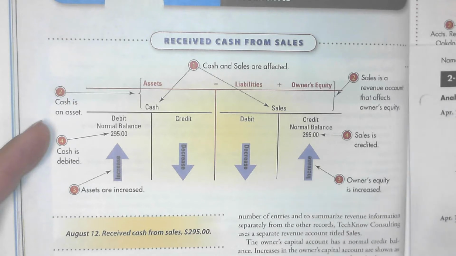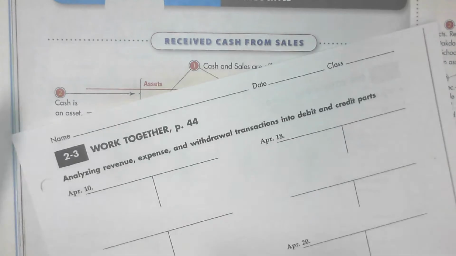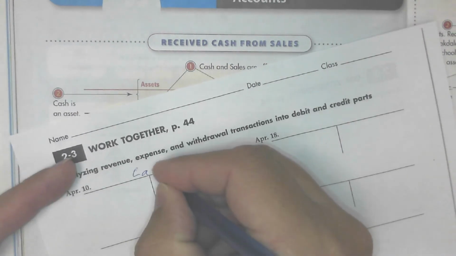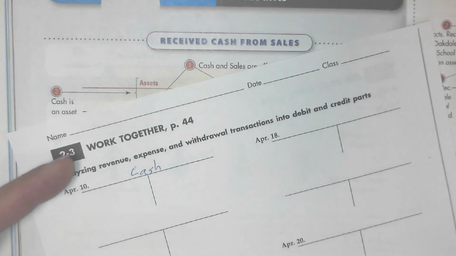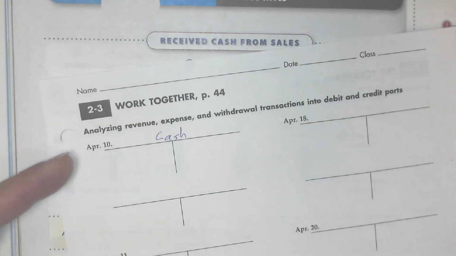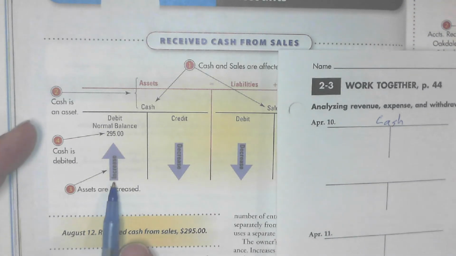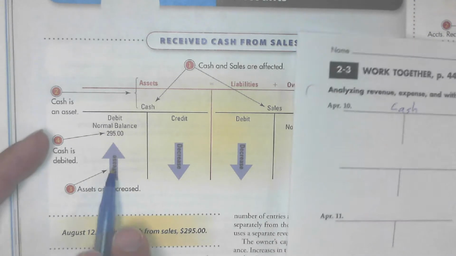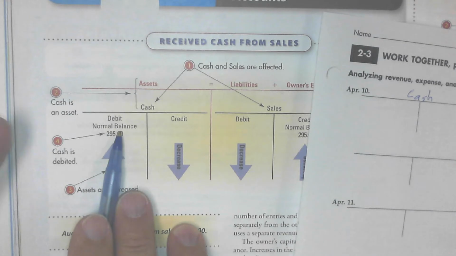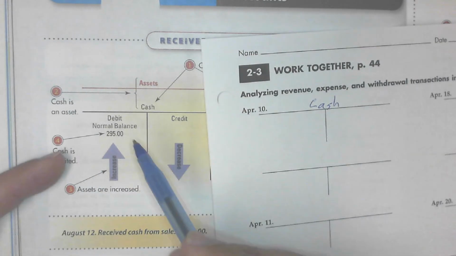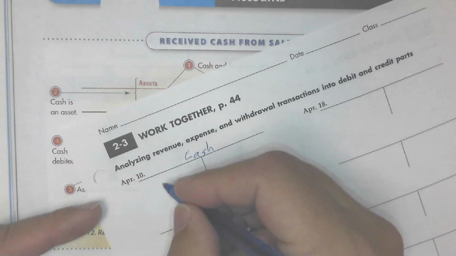So we'll go ahead and label our account cash. We received cash, so cash has the increase. It's on the left side under debit, so we'll have our increase in cash here.